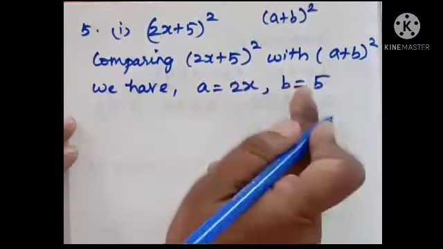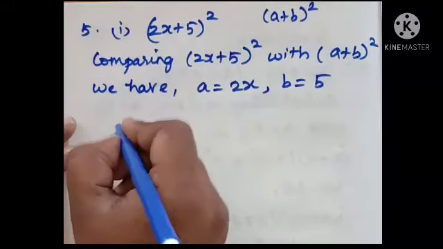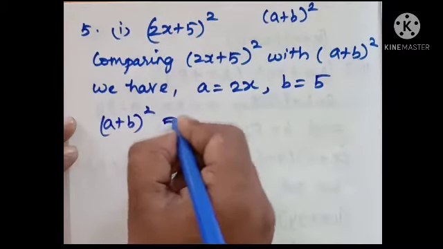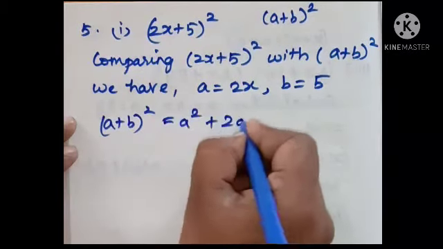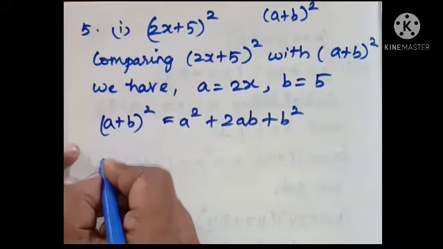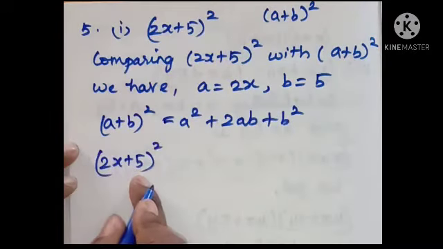So substituting a is equal to 2x, b is equal to 5 in (a + b)² is equal to a² + 2ab + b². Now listen, in the left hand side we have (2x + 5)².